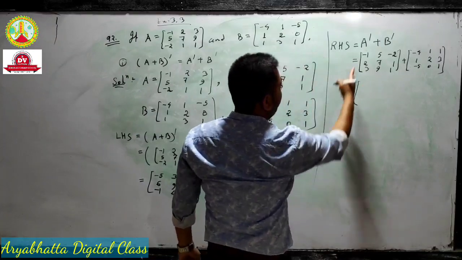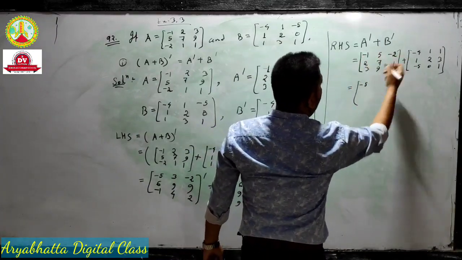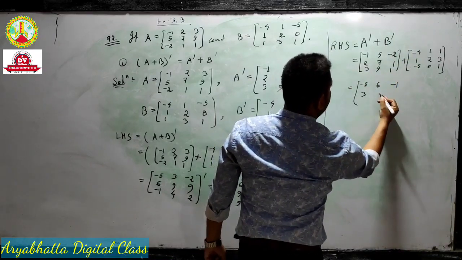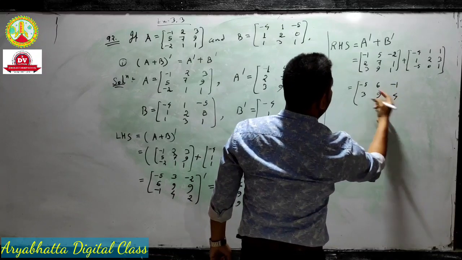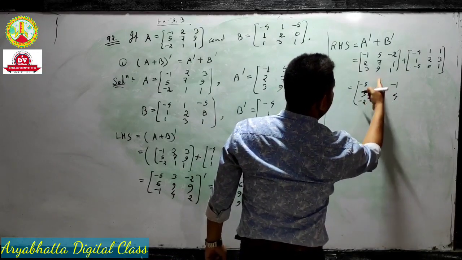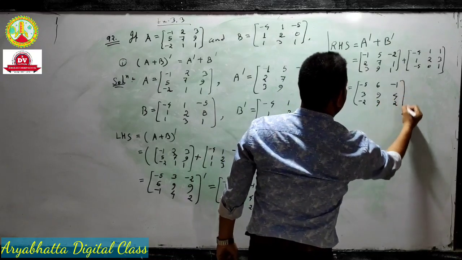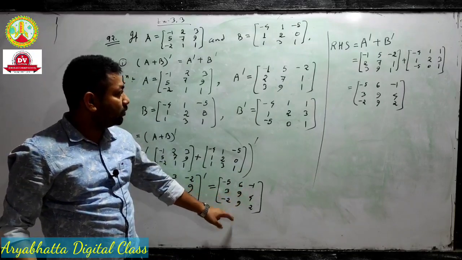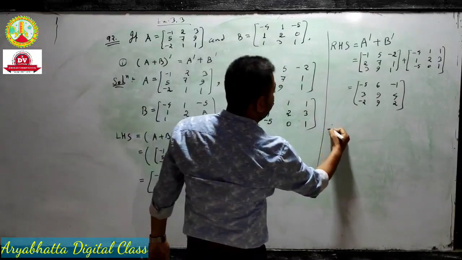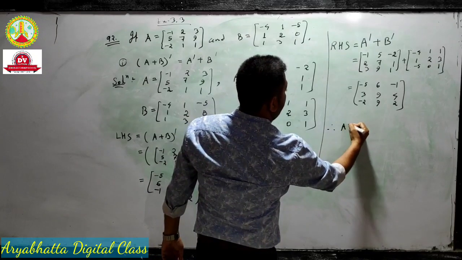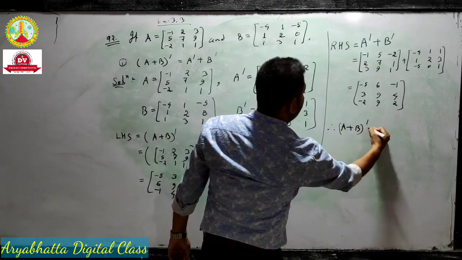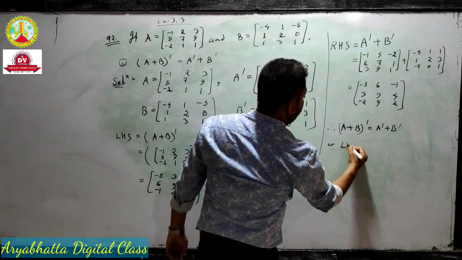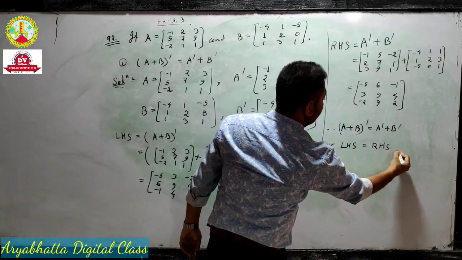This equal to minus 1 minus 4, minus 5, 5 plus 1, 6, minus 2 plus 1, minus 1, 2 plus 1, 3, 7 plus 2, 9, 1 plus 3, 4, 3 minus 5, minus 2, 9 plus 0, 9, 1 plus 1, 2, which is minus 5 6 minus 1, 3 9 4, minus 2 9 2. Therefore A plus B whole dash equal to A dash plus B dash, or left hand side equal to right hand side. Hence proved.